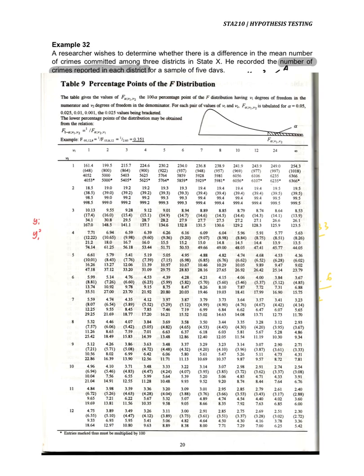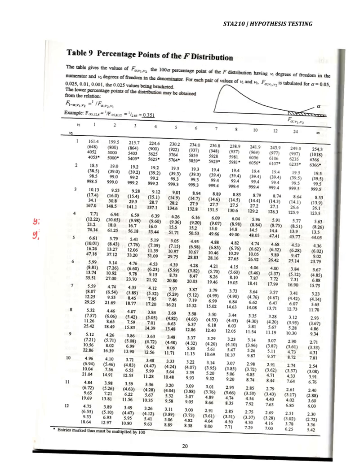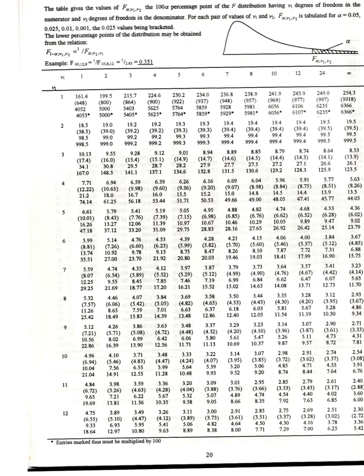You should refer to V1 is 2, V2 is 12, and alpha 0.05. So the value is 3.89. This is our critical value, 3.89.